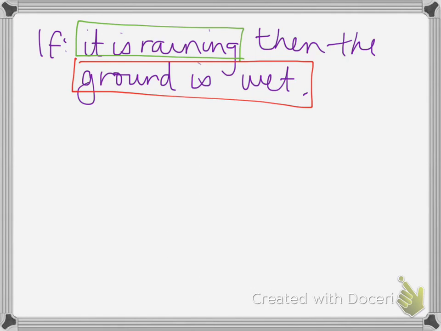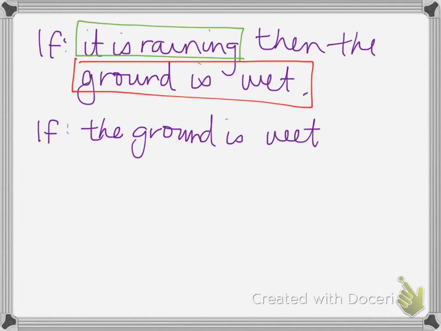That seems reasonable. The ground gets wet when it's raining. But can we turn this one around? What happens when we turn this statement around? We have: if the ground is wet, then it is raining.